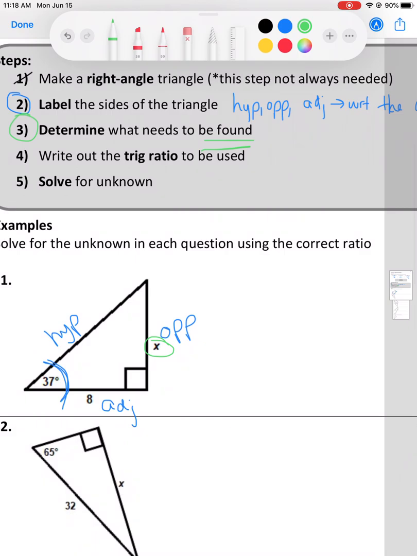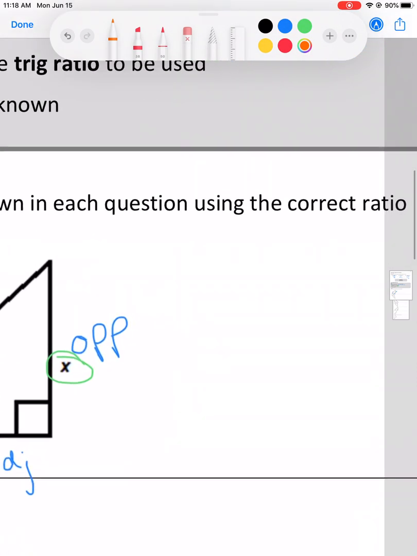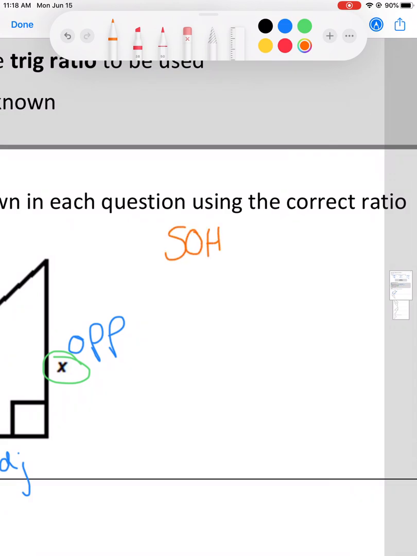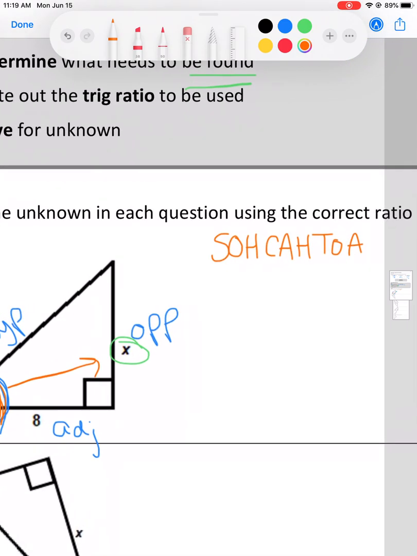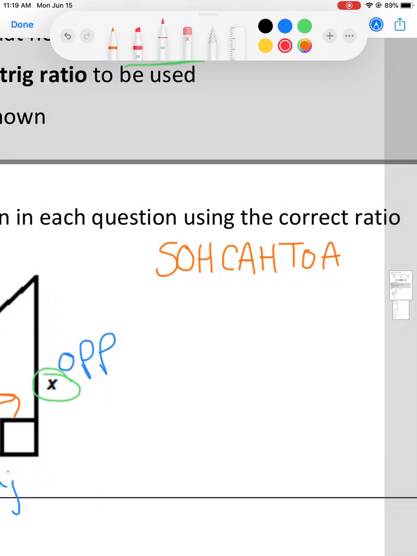It says write out the trig ratio to be used. This is how I like setting it up: we write SOHCAHTOA. Those are our three ratios. So what are we looking for? If this is our angle, we're looking for our opposite. So we need to separate it.